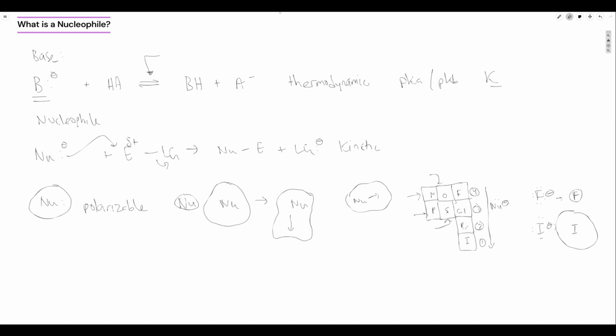The one last thing to mention when it comes to nucleophilicity is that resonance has a strong impact on it. So if we have something like this, let's say an acetate anion as a nucleophile, we can expect that this is probably not going to be the greatest nucleophile when it comes to attacking an electrophile. The reason is that the anion is participating in resonance with the neighboring carbonyl group. So we can show resonance like this.